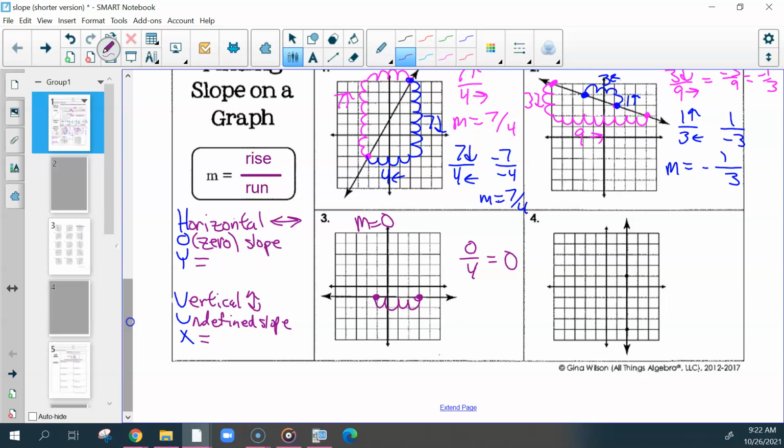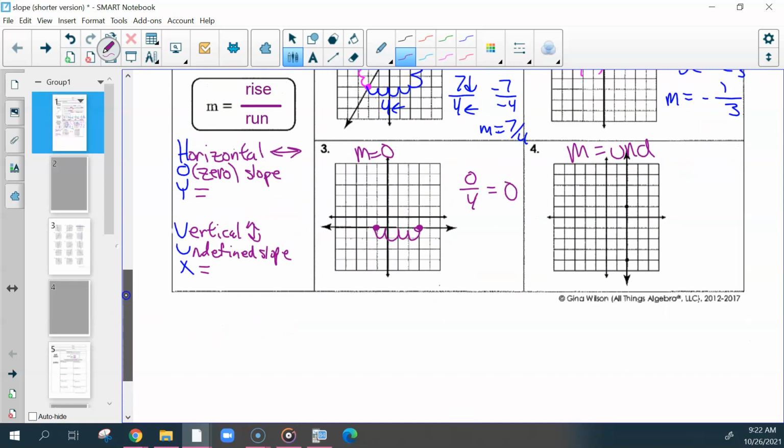Number 4 is a vertical line, so that should have what type of slope? Undefined. If you want to shorten it and just put UND, that's fine. If you have a vertical line, yes.